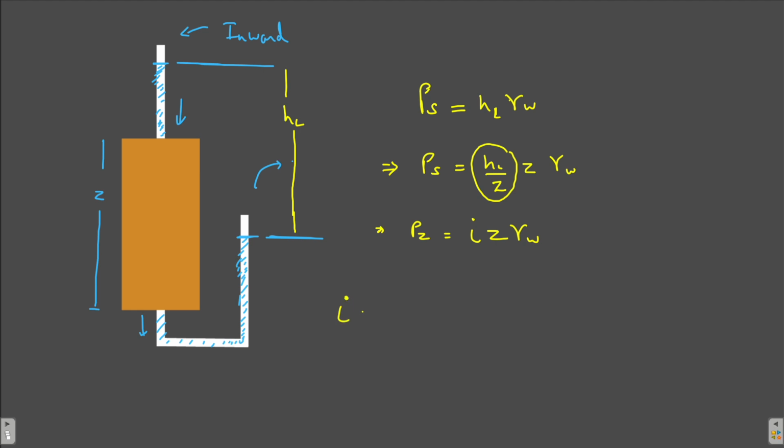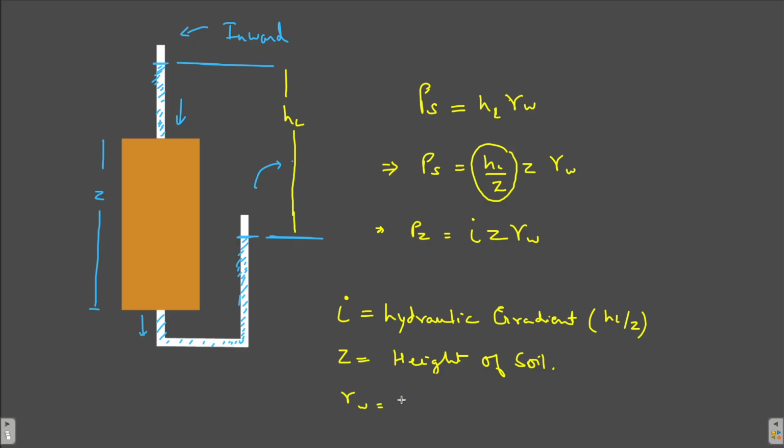Now, what is this I? I is known as hydraulic gradient. Hydraulic gradient means head loss per unit length of the soil. That is hydraulic gradient. What is Z? Z is the height of the soil through which the water is passing, right? And gamma W is the unit weight of water, right?